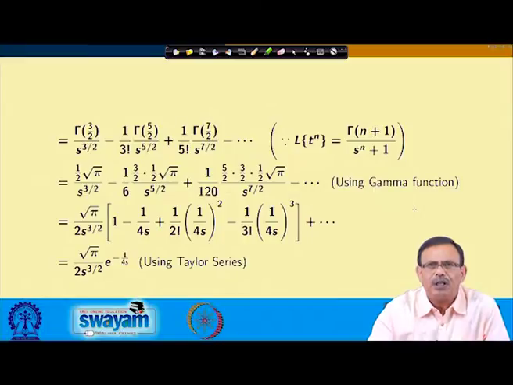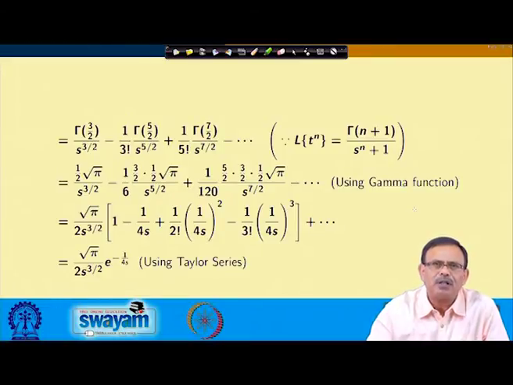If the function is complex, it sometimes becomes difficult to find the Laplace transform, because in each case I have to find the Laplace transform or evaluate the integrals. To make life simple, we will study certain properties of the Laplace transform with which we can very easily find the solution.